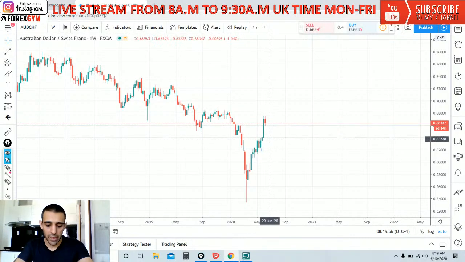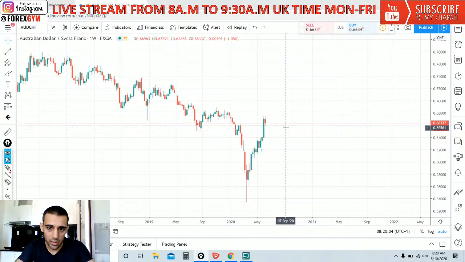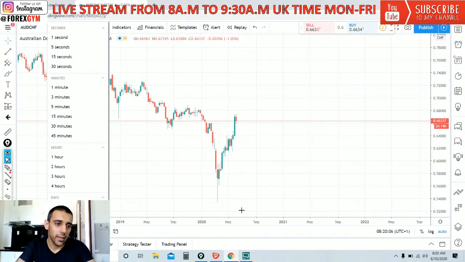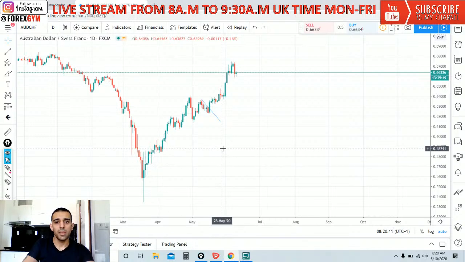Okay, the overall big trend is obviously up. The price came down to this support level. I was actually hoping this one would push even lower. Again, let's see the potential on the daily time frame.